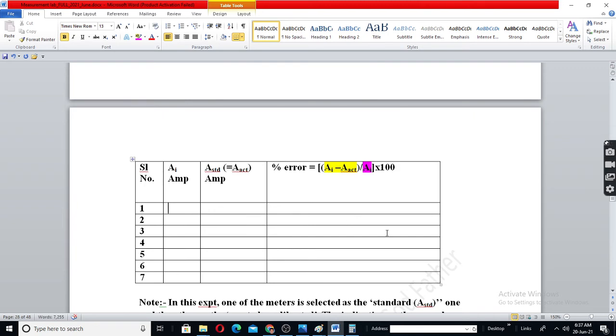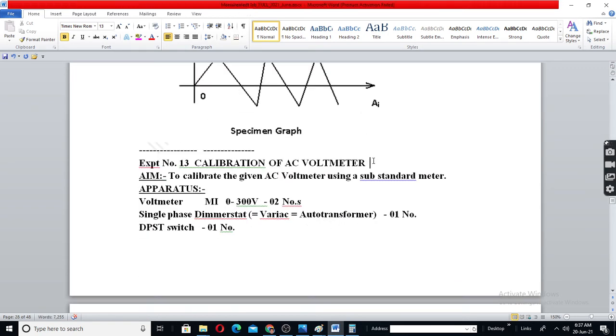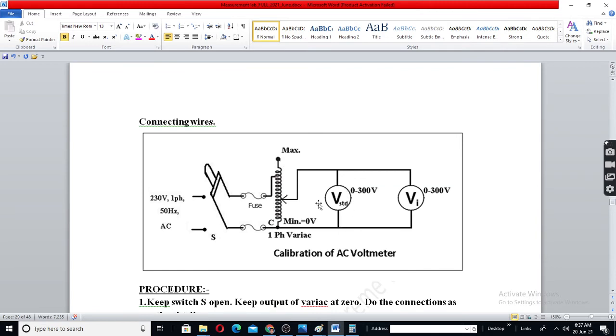Next, we have the calibration of an AC voltmeter. When voltmeters are being calibrated, there is no need of load. Just connect them in parallel.